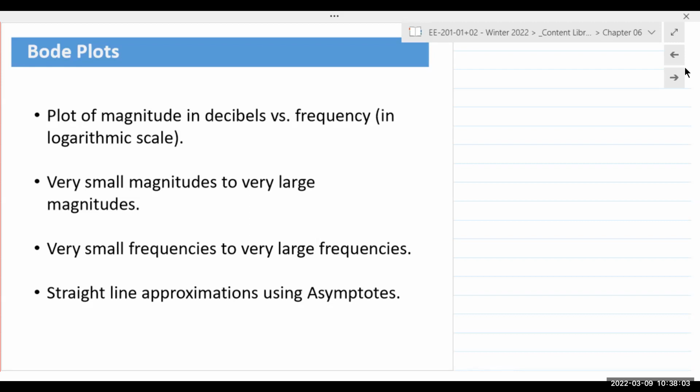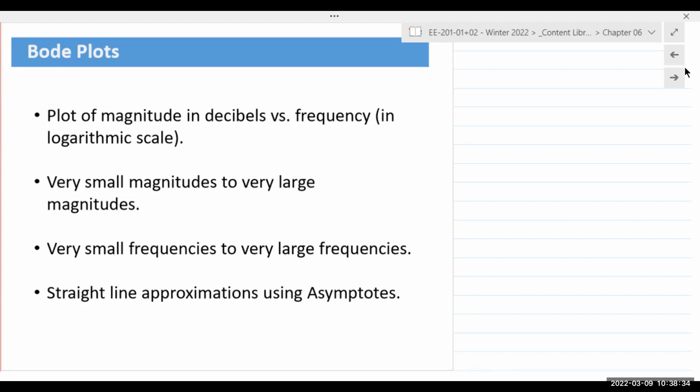Trying to plot that vast range into one single chart is an impossible task. On the y-axis, you're trying to plot voltages and power, which also have a very large variation. You would transmit a high amount of power at one end and might receive milliwatts at the other end. So trying to quantify and plot both of them in the same plot is very, very difficult.